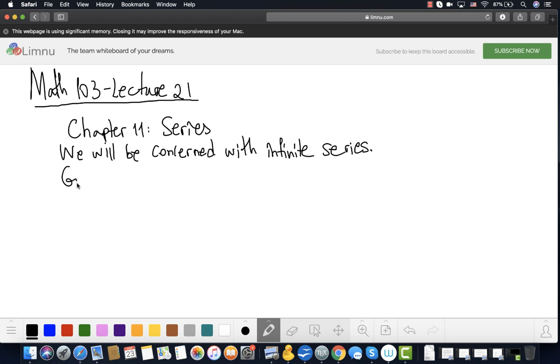So given a sequence, which we denote in a compact notation by a_n, where n starts with 1. It could start from 0, for example. In the textbook, the index starts at 0, but for us, the indices will start from 1 in general. And what this means is that the nth term of the sequence is a sub n. So this means that the sequence, the first term is a1, second term is a2, third term is a3, and so on. So given such a sequence, we can try adding up all the terms of this sequence.